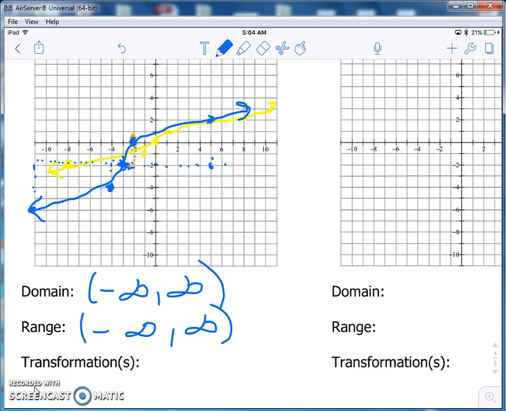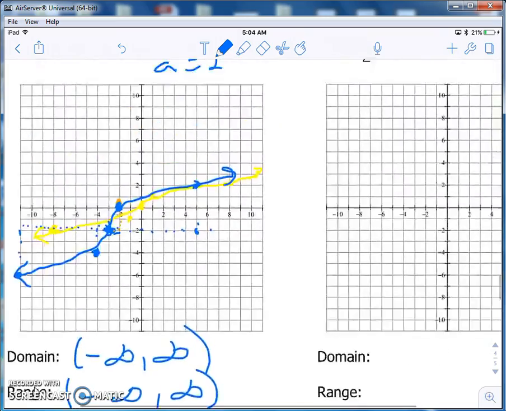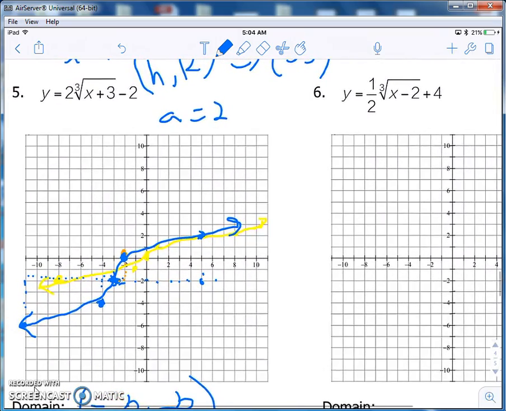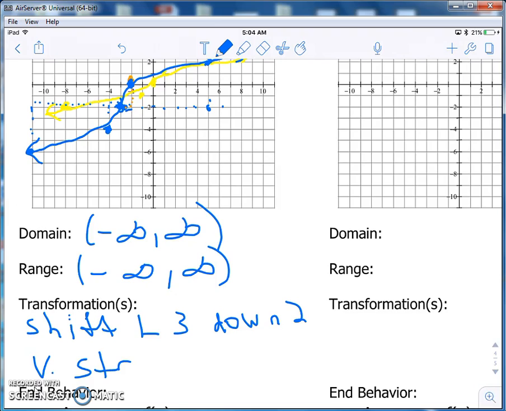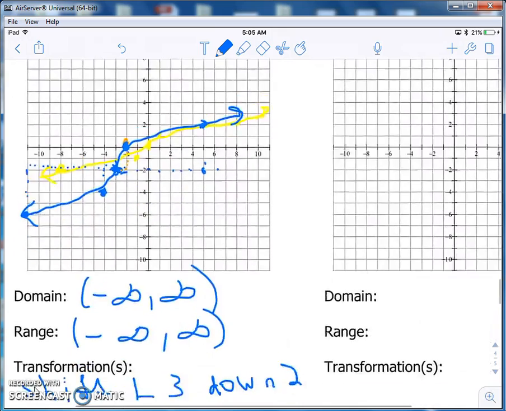Transformations were: shift left 3, down 2, and then vertical stretch by a factor of 2.